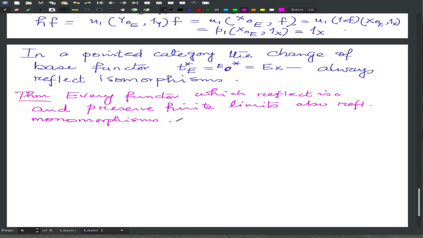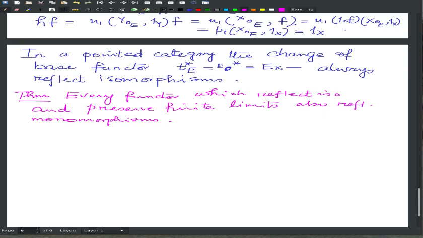Okay? Now, well, I leave it to you to prove this. The only hint is monomorphisms. A morphism is a monomorphism if and only if its kernel pair is identity, right? Trivial. So you'll use that.